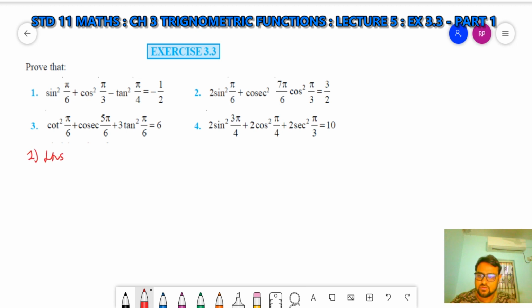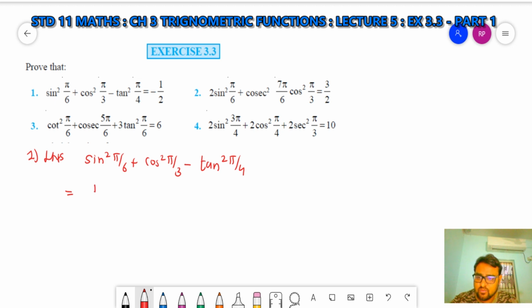LHS: sine square pi by 6 plus cos square pi by 3 minus tan square pi by 4. Okay, sine square pi by 6, so the value of sine pi by 6 is 1 by 2. Clear?